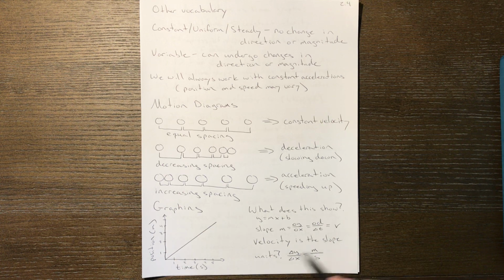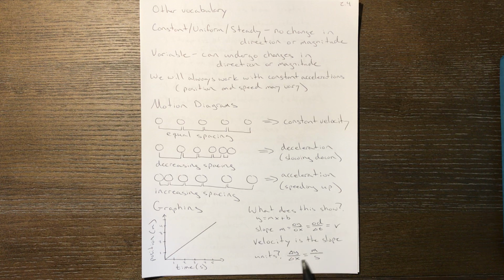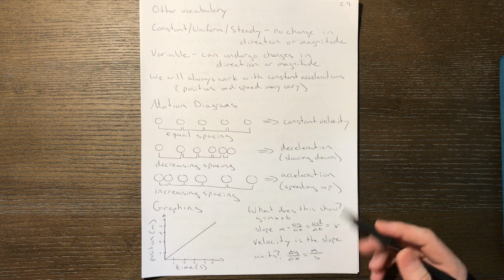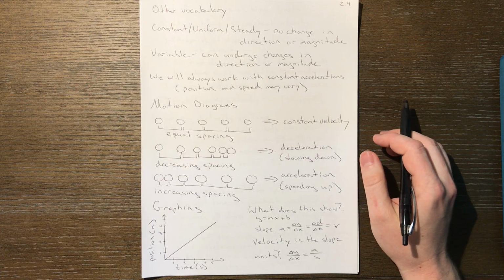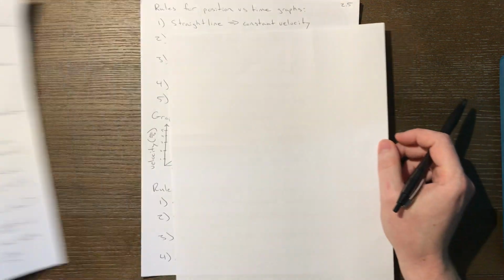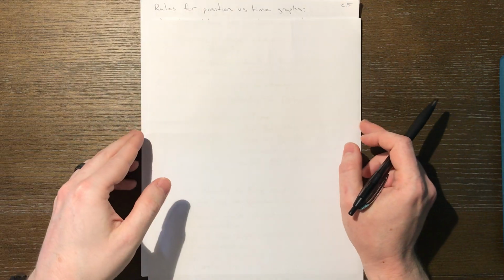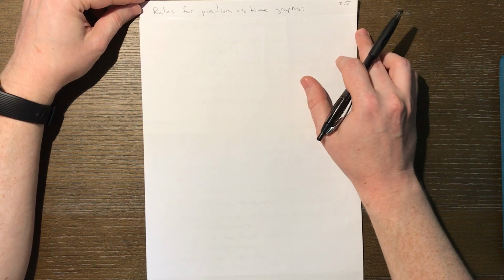The units of x are seconds. We get units of meters per second whenever we compute the slope. And meters per second are the type of units that go along with velocity. All right, now, there are a series of rules we will cover for position versus time graphs. These are always true whenever you plot position versus time.